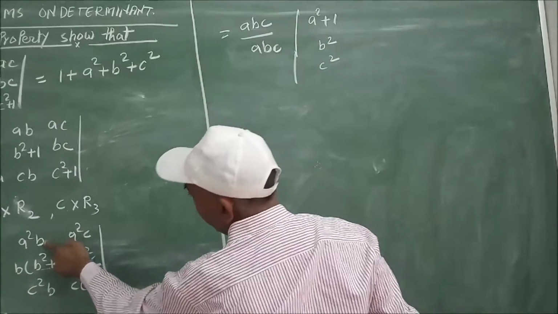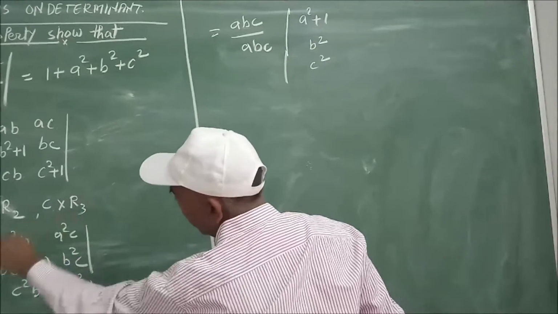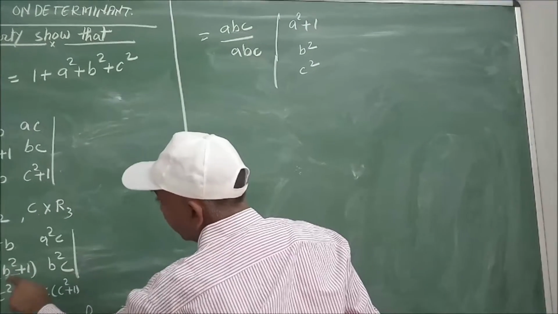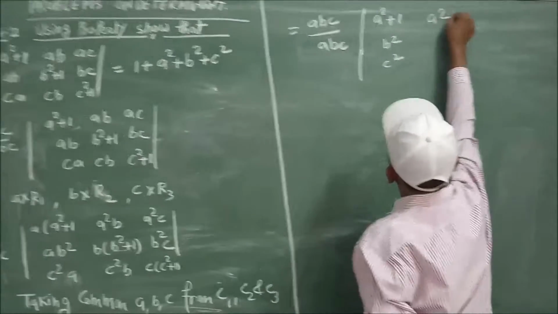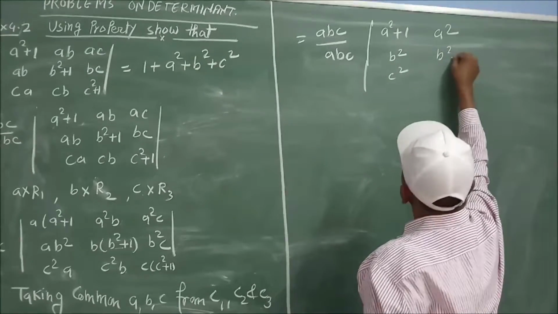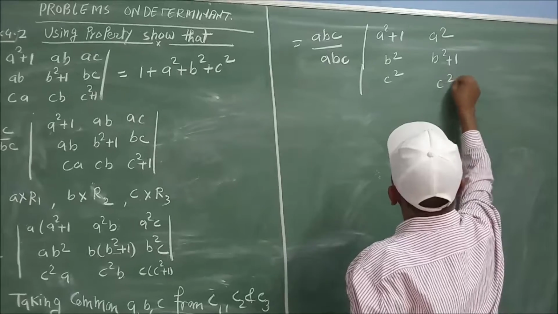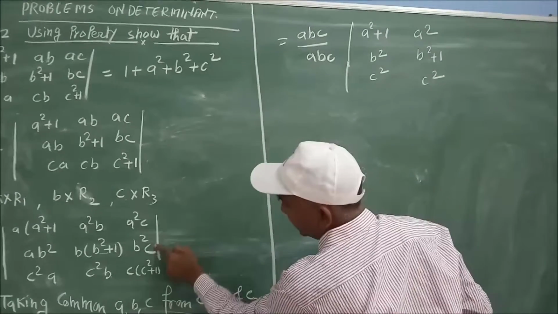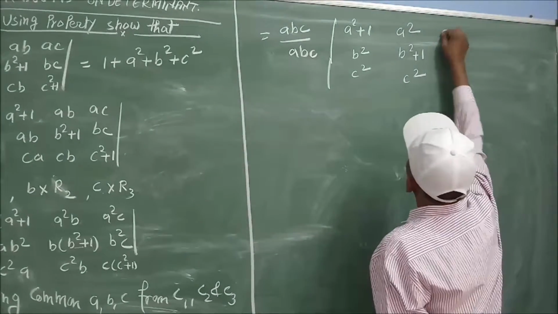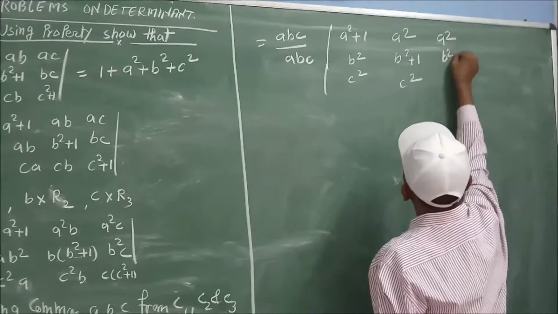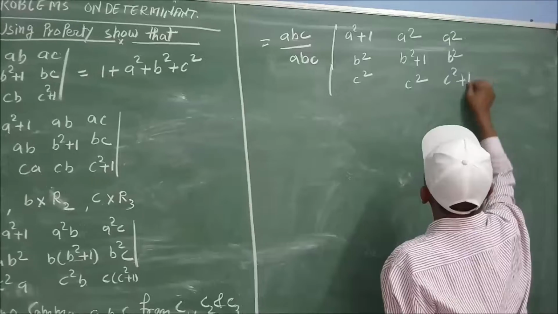If we take b common, this will be outside the determinant. So remaining will be a square, b square plus 1, and here will be c square. And if we take here c as common, so a square, b square, c square plus 1.